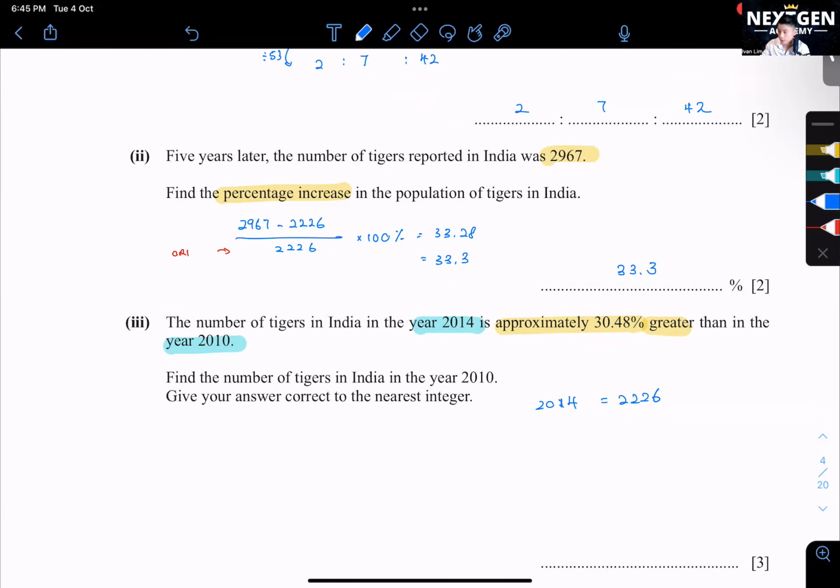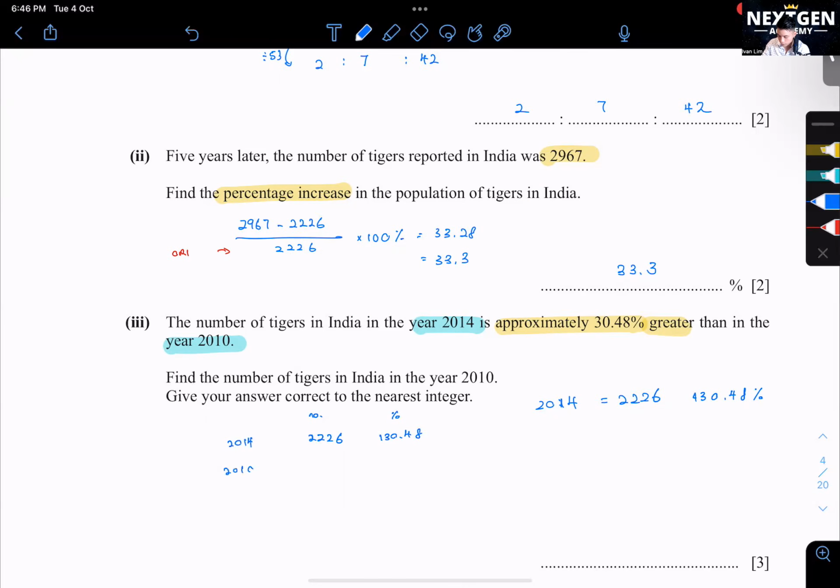So we can say that it is 130.48%. So we can actually compare like this. What I will do, I can put it like this. 2226 is your number of tigers, and this is percentage, equivalent to 130.48. This is for 2014.